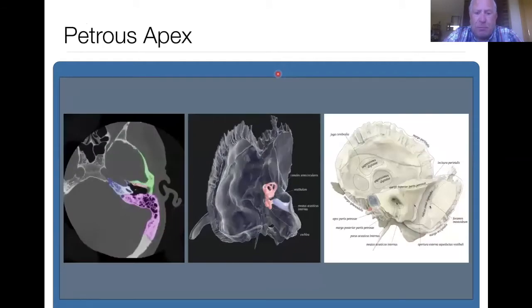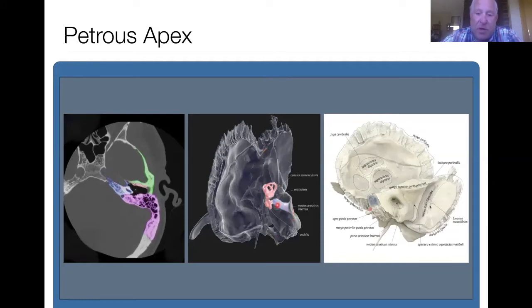In this slide here, you can see the temporal bone. The colors here show the squamous portion, the mastoid portion, and the Petrous Apex, which is the zone that sits anterior to the cochlea as well as the internal auditory canal and is encompassed by blue here. In this image here, we can see the bone has been stripped away.